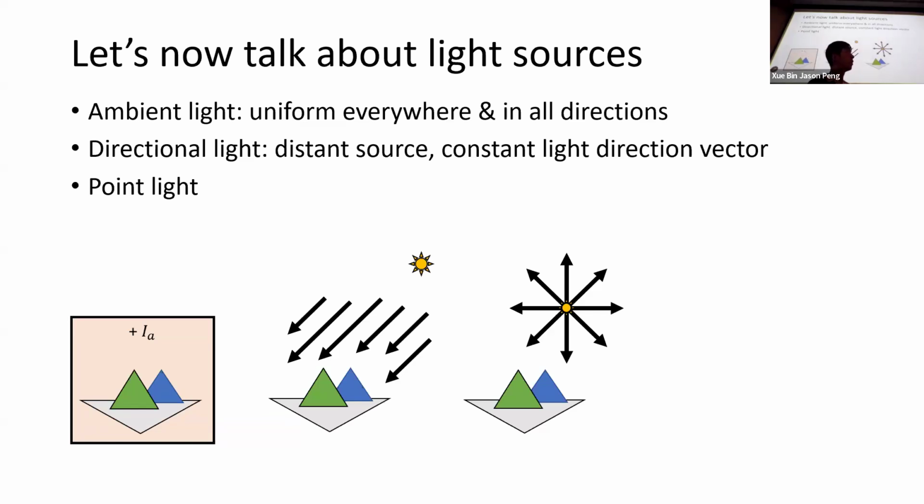So let's say if you want to apply the Lambert model to a point light source, the light vector is going to change depending on the position of the point with respect to that light. In contrast, if we apply the Lambert model to a directional light, the light vector is going to be constant. It's going to be some constant vector regardless of the position of my point.